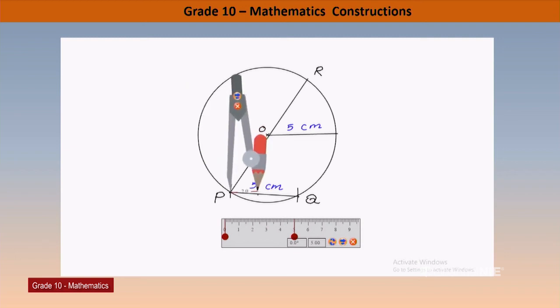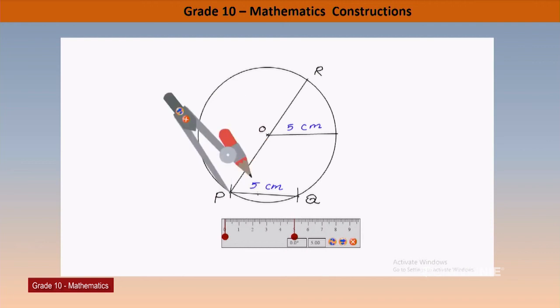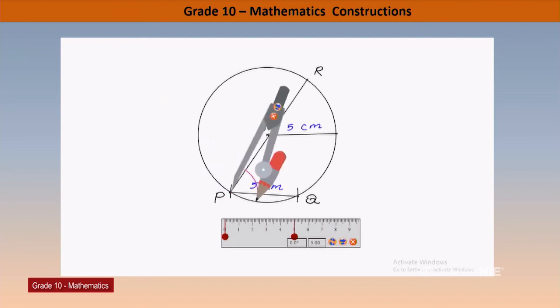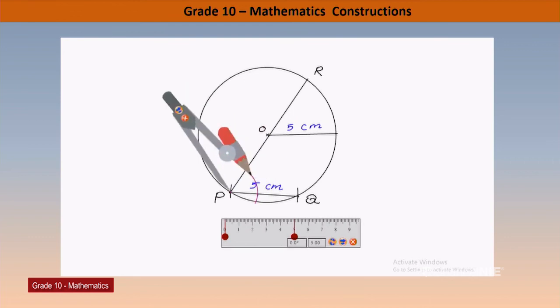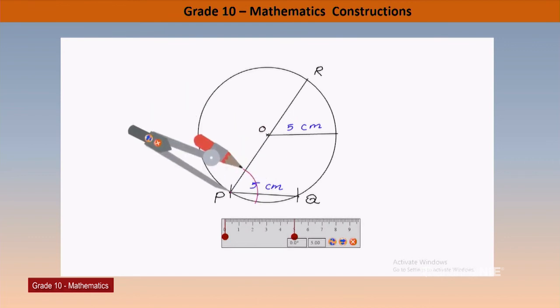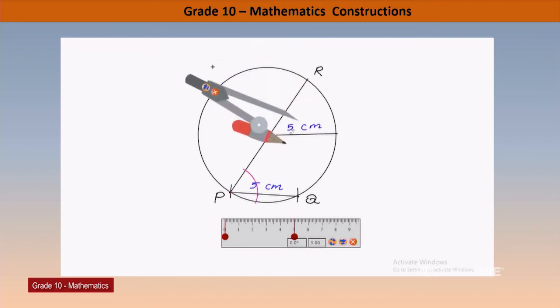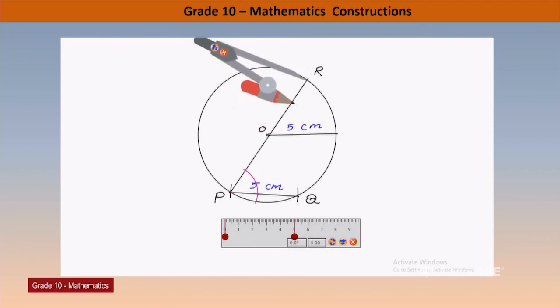Construct an arc on P. So, we are going to copy the angle QPO on R. Take any radius, construct an arc, don't change the radius, jump to R, keep the steel point on R, construct an arc, don't change the radius because we are going to construct same size of arc.